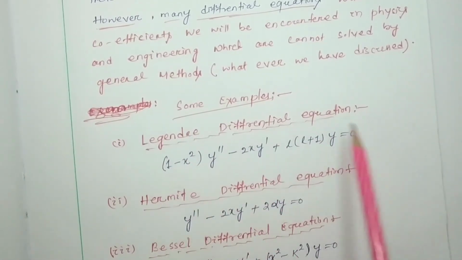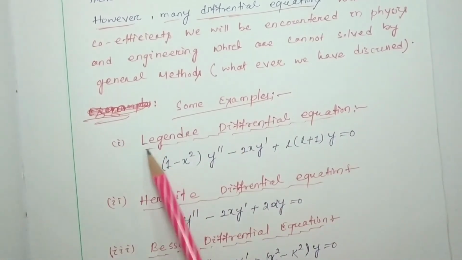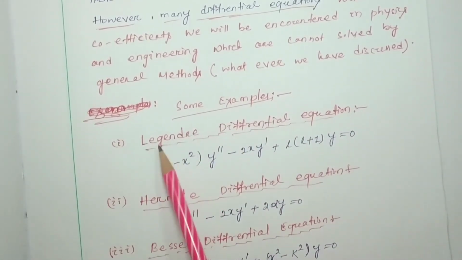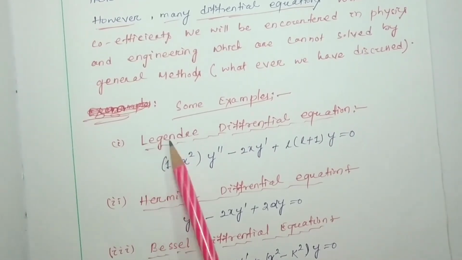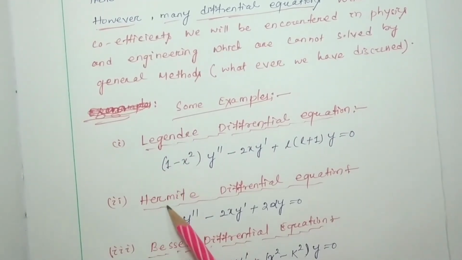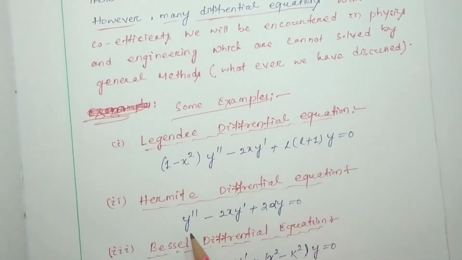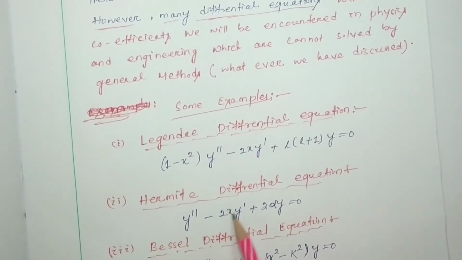This type of differential equation is named the Legendre equation, given by the mathematician Legendre. This is the Hermite differential equation, y double dash minus 2x y dash. See, 2x is the coefficient, a variable.